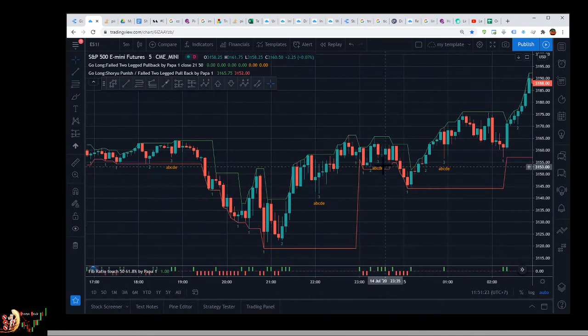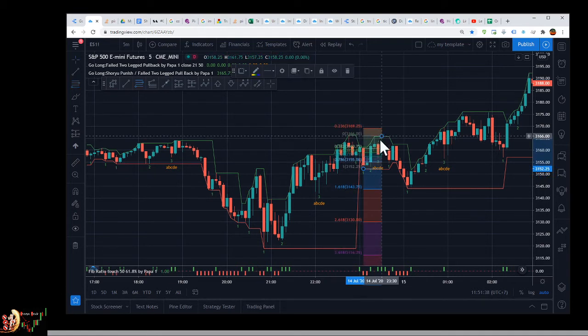Okay, so for this one, for example, again, here it puts like a green line on this one. So Fib retracement. I go from the low to the high, and you can see that it retraced to the 61.8. And then the candle closed above the 61.8, so it will put 1.